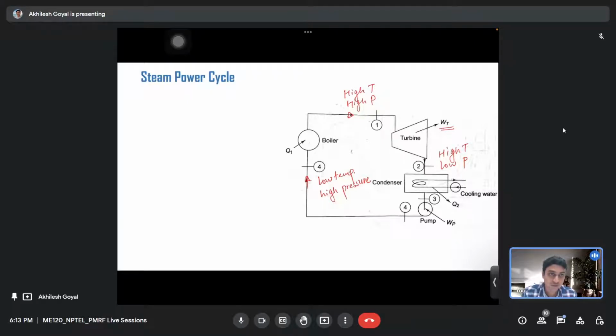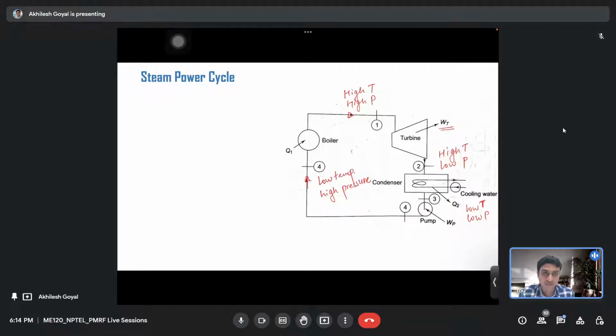This high temperature low pressure vapor then goes to the condenser, where this steam is condensed into water, so it becomes low temperature and low pressure condensed water. Then it goes to the pump, where work WP is done on this condensed water, and the water becomes low temperature but high pressure water.